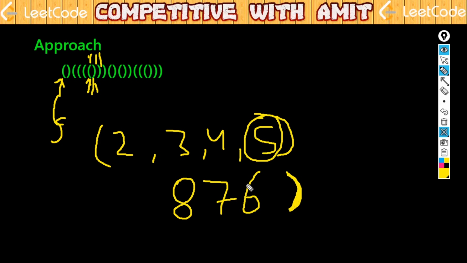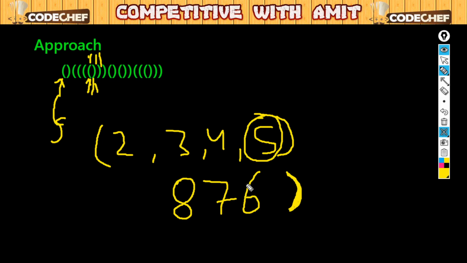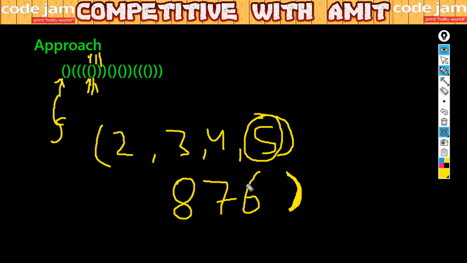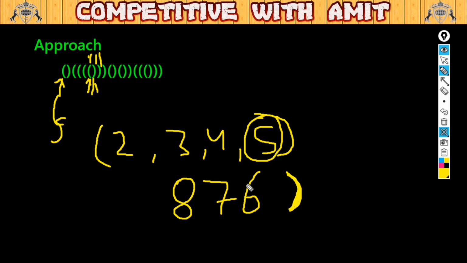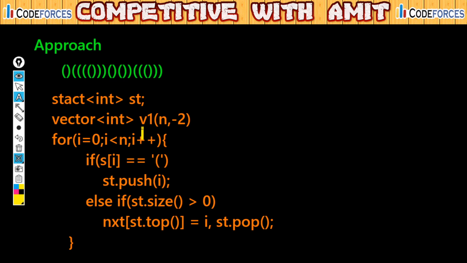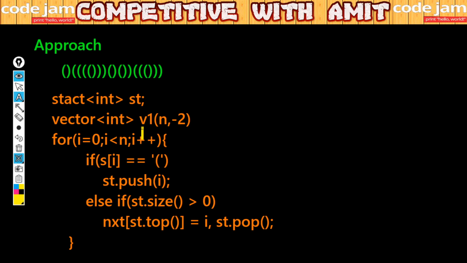Now you might be confused by all these things, so to remove your confusion, I'll take the help of a simple code to explain, which will make it easy to understand what is going on in this question. So till now we have understood one thing, that we have to find the opening brackets, and whenever the closing brackets come, we have to return an answer from a particular index.